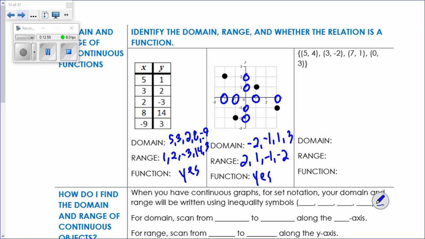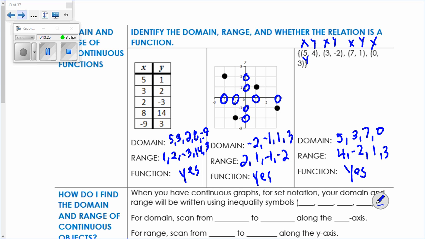On the last one, I have xy, xy, xy. So domain of 5, 3, 7, and 0. So yes, this is a function. There's no repeating x values. My range, 4, -2, 1, and 3. Okay?